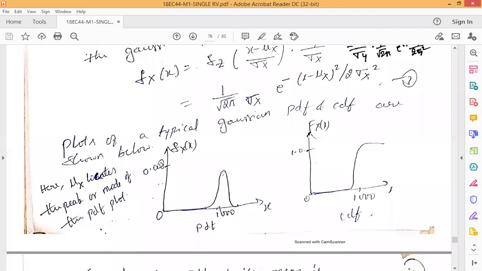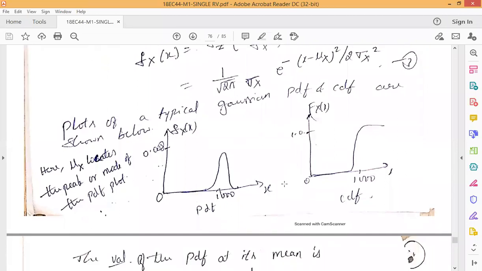Also, if the standard deviation sigma x is relatively small, then the PDF at its mean is going to be relatively large. That is, an inverse relationship exists between the standard deviation and the PDF. If the standard deviation sigma x is small, then the PDF about its mean value is going to be relatively large, and vice versa, which you can explain.